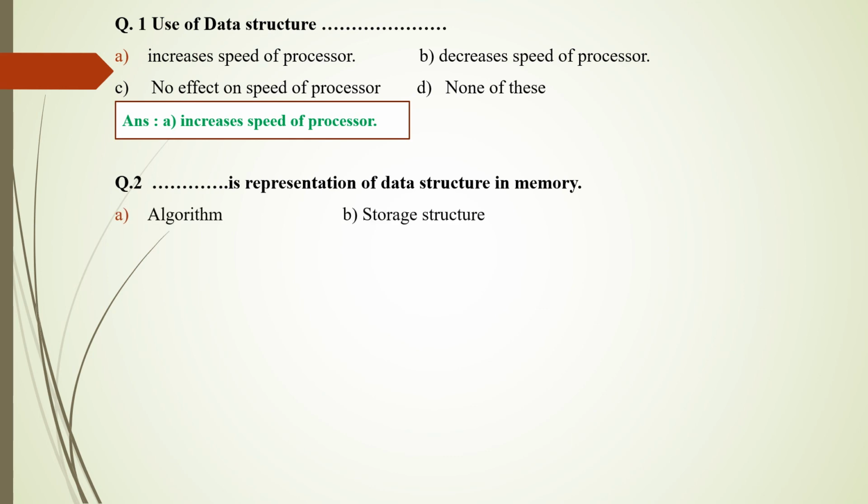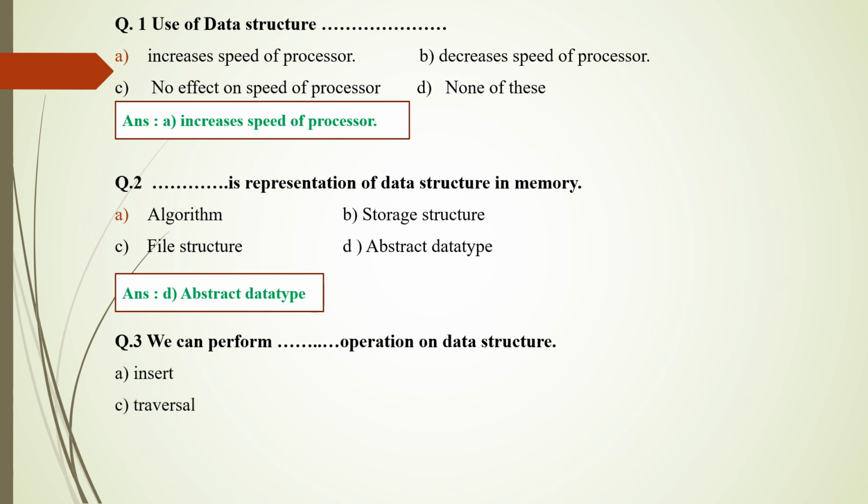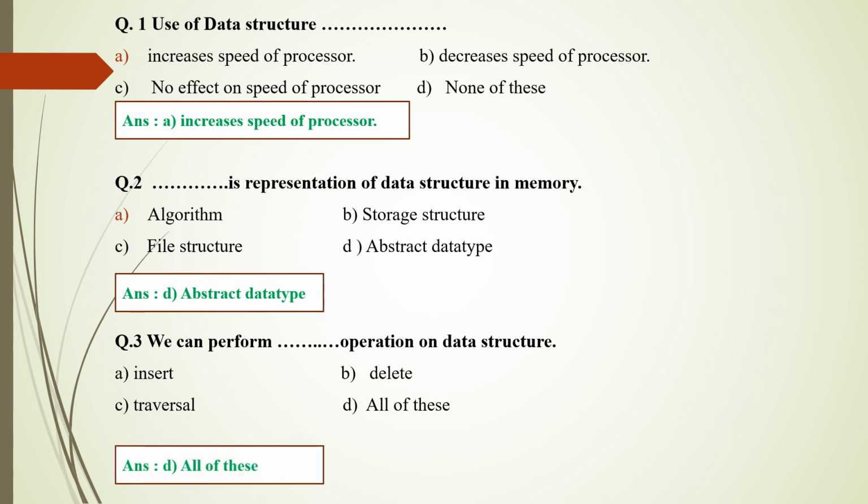Options are algorithm, storage structure, file structure, and abstract data type. The answer is abstract data type. Next one, we can perform dash dash operation on data structure: insert, delete, traversal, all of this. The answer is all of this.